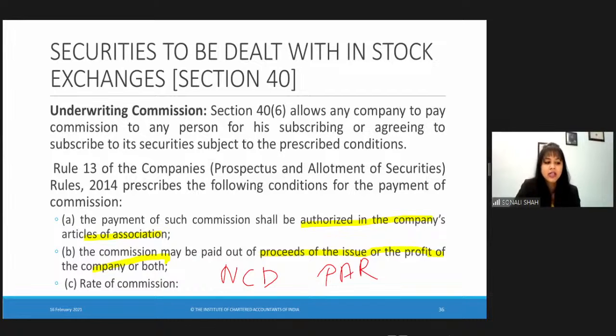For debentures, it is 2.5% or the amount mentioned in the AOA, whichever is lower. So this payment for the shares can be made either out of the proceeds of the issue, that is the amount generated from the sale of the shares, or from the profits of the company, or both.